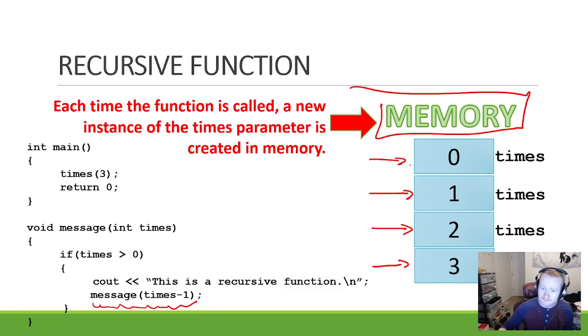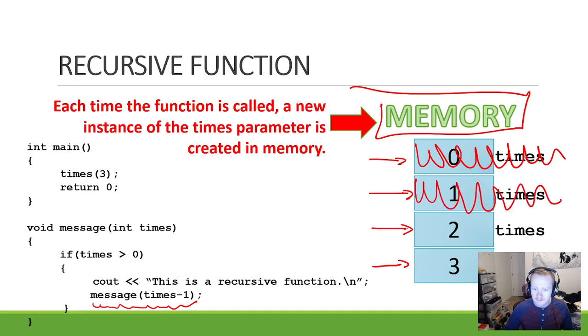Once we finish the top one, so 0 times, we'll take it off the stack out of memory. Then the new top of our stack is times at 1. So finish with that function call, we take it off. Finish with this function call, we take it out. And then we finish with this one and we take it out.